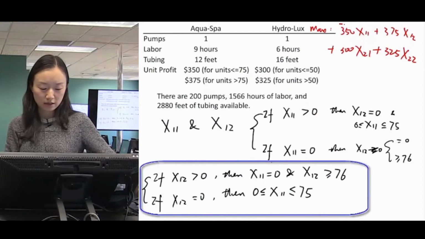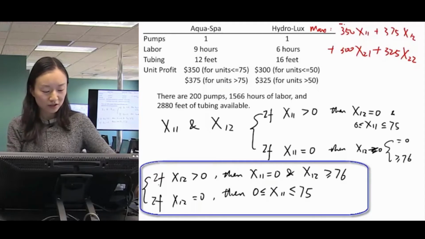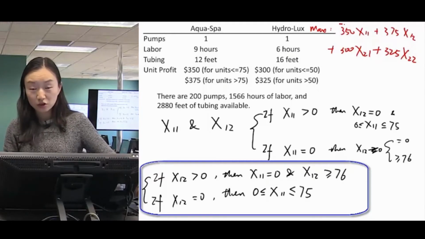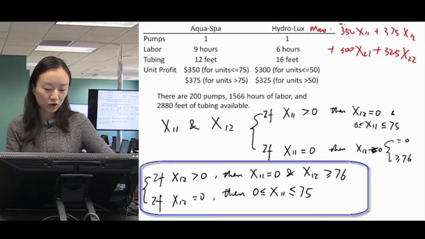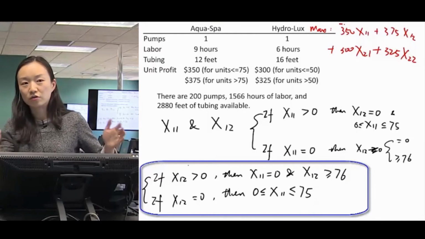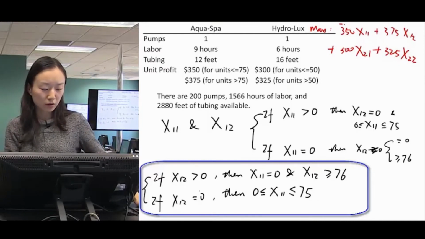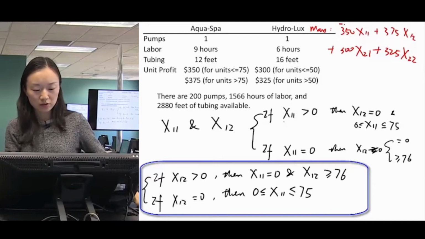My reason is that this is pretty straightforward: if this is greater than 0, then this equals 0. Under this situation, there is only one condition you deal with, and the same for this one. If you look at the first part, both of them include all the situations. So x12 can only be greater than 0 or equal to 0, same as this one.